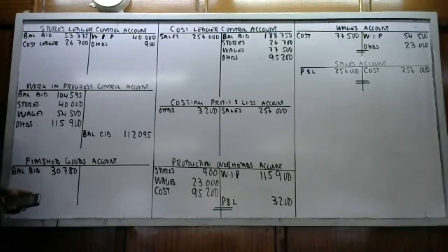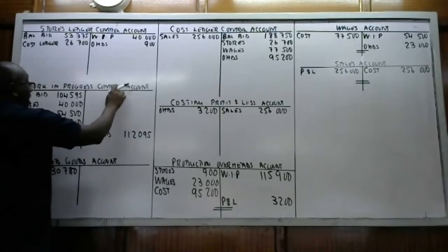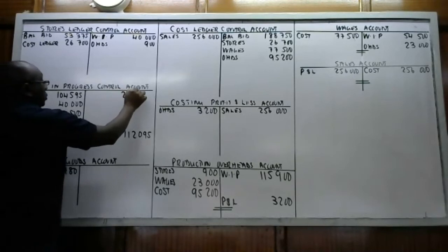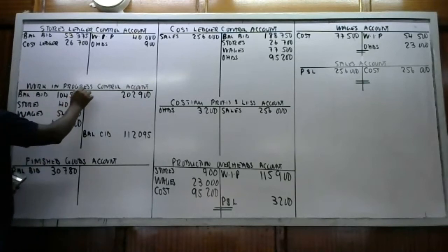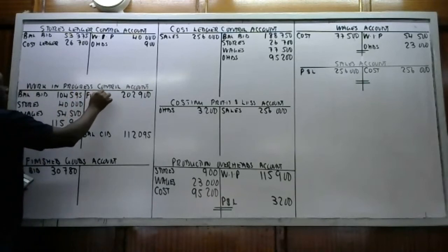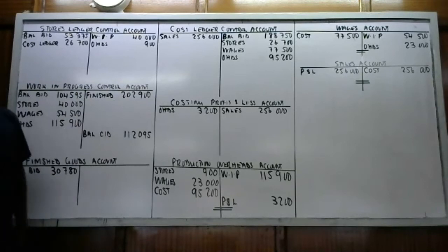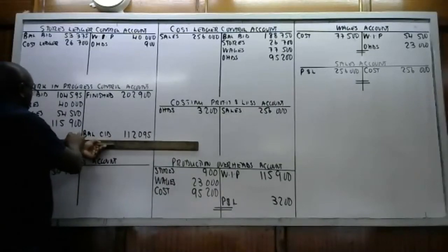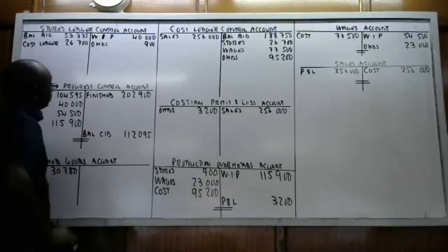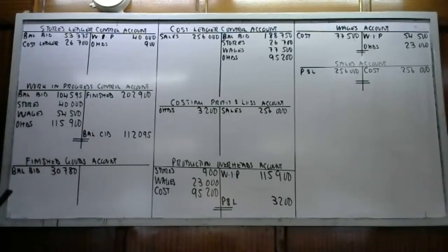That is 202,900. So that 202,900 is on this side, and this must be what was completed and taken to the finished goods. So we close that and bring it to finished goods. Because of work in progress, we bring 202,900.